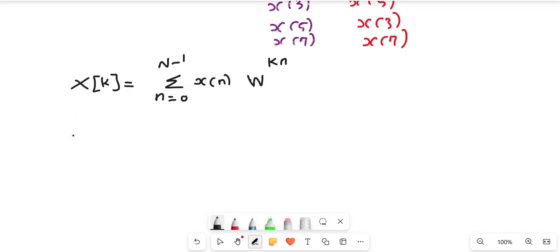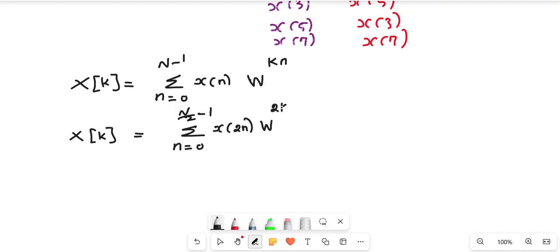Now we are dividing this X of k into even and odd parts. So we are dividing this N sequence into N by 2: the summation of n equal to 0 to N by 2 minus 1 of x of 2n and W power 2kn.